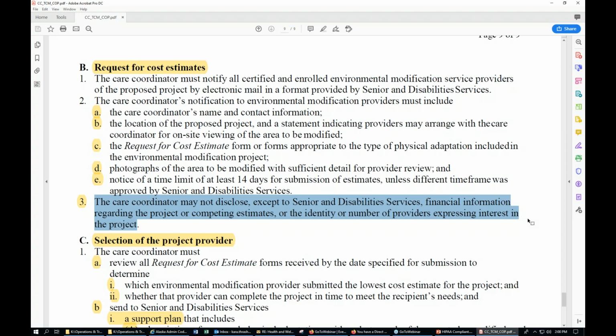You want to have a release of information on file from your person to say, I authorize you to release this information to EMOD providers in order to request an EMOD. Since you're going to send them all the same information, you really only need one ROI from your person, but you will need to send separate emails via DSM to the EMOD providers.